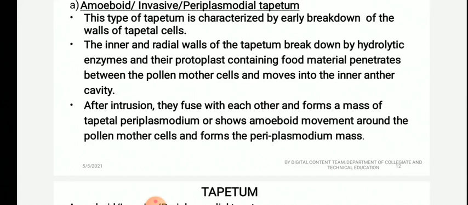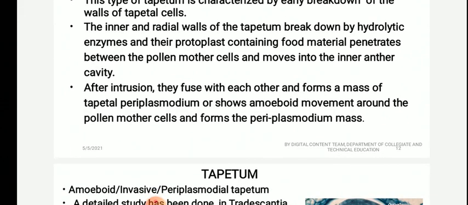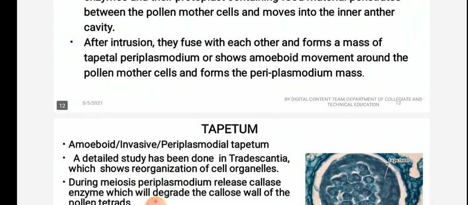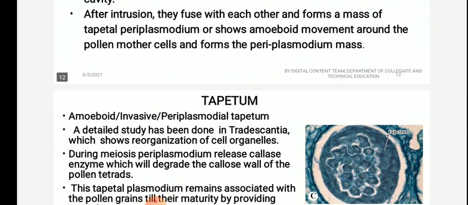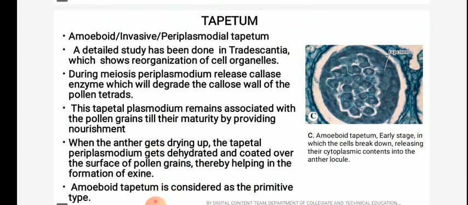So at a very early stage, the amoeboid tapetum breaks down, and its protoplast along with food material moves in between the pollen mother cells of the anther cavity. After intrusion, they fuse with each other and form a mass of tapetal periplasmodium, which shows amoeboid movement around the pollen mother cells.